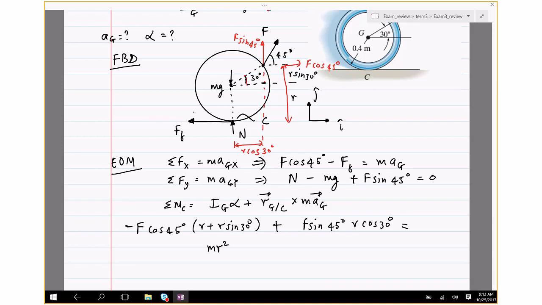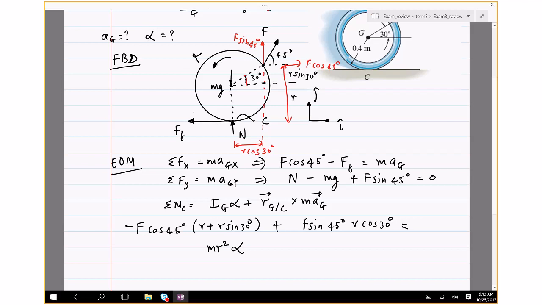Maybe that's the better way to do it. So I'm going to draw alpha this way. Okay, that's not the right alpha, right? You know from experience that if F is applied that way, it will move in the clockwise direction. So we know that's not true, but let's assume it to be in the counterclockwise direction. You could do it the other way too. So it's going to be alpha with a positive sign because counterclockwise is positive.